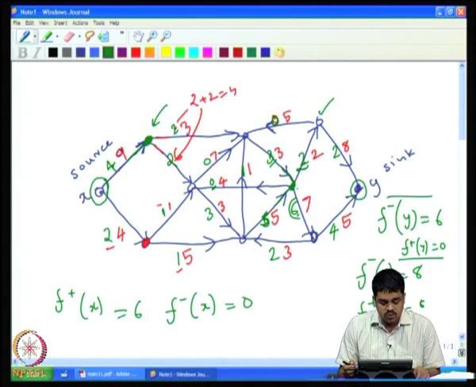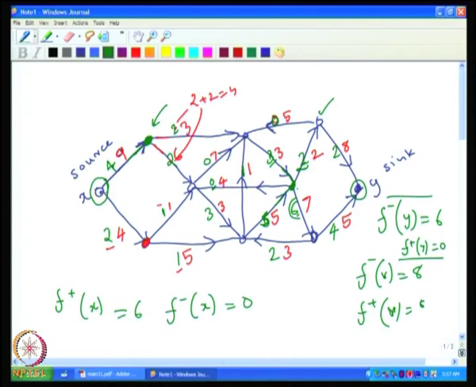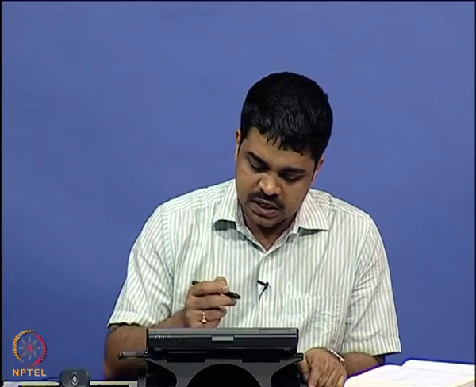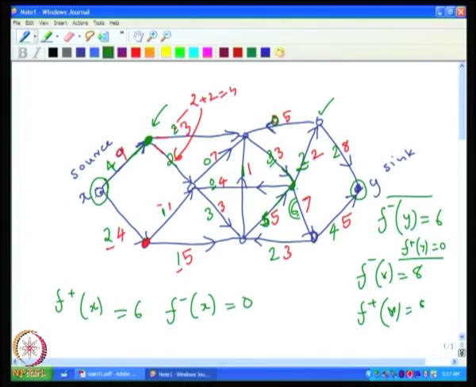It is always so in real life, because you cannot push infinite commodity through a particular link. Of course, if there is an infinite capacity link, and you can find a directed path starting from x, and you can reach y via a path involving only links of infinite capacity, then you can always push an infinite flow.